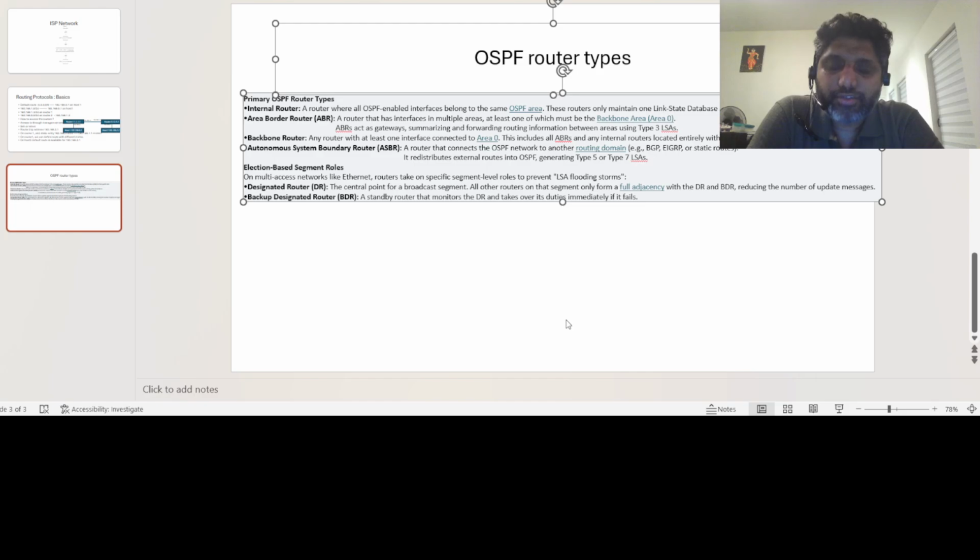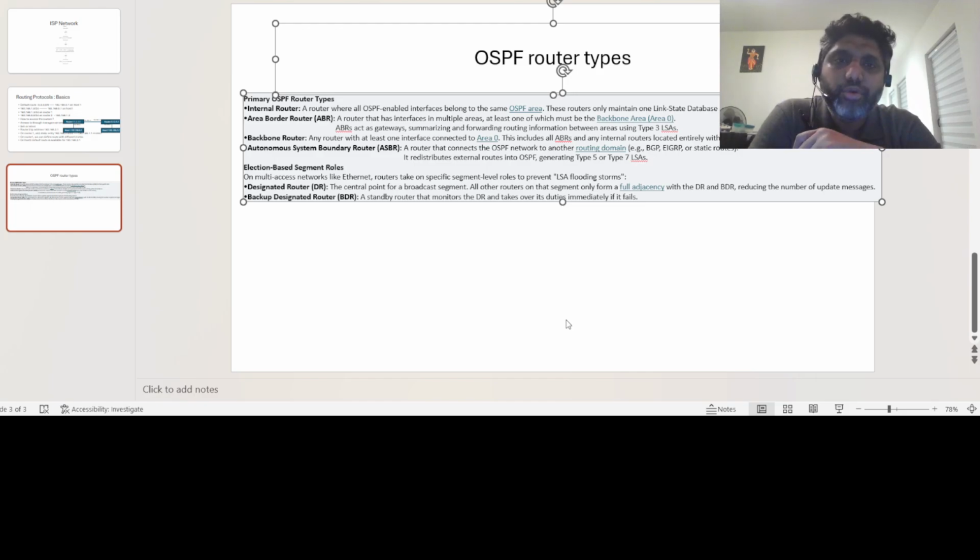So to summarize, there are four important OSPF router types. Internal router: any router in which all the interfaces belong to one particular area. For example, Bengaluru area, then its router is called an internal router. Area border router: it must have at least one OSPF interface connected to the backbone area, which is called area 0.